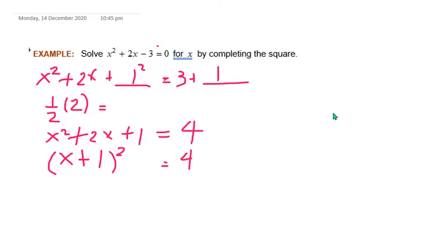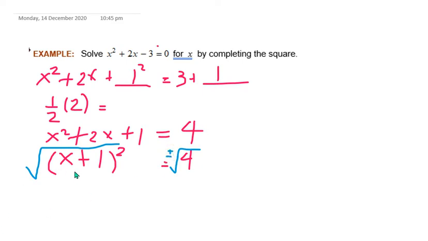Now after we add 1 to both sides and simplify by finding the factored form of a perfect trinomial, we're going to simplify by extracting the square root. Since we have to remove the square here, we're going to get the square roots of both sides, and you get the positive and the negative.